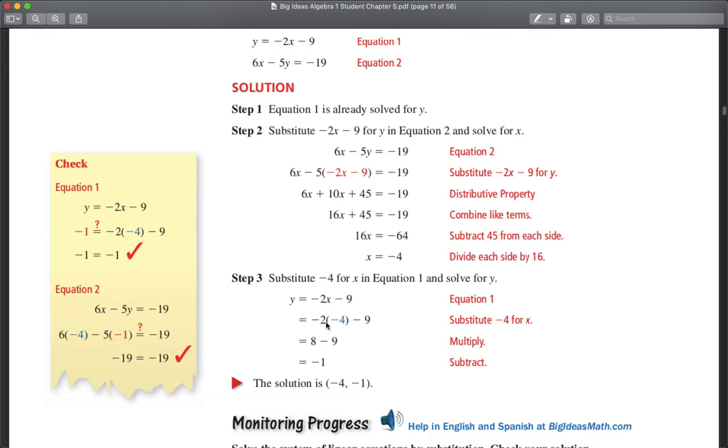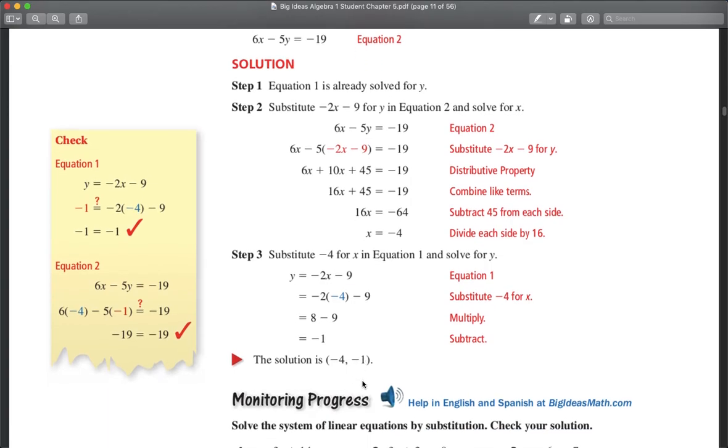Here this parentheses does imply multiplication: negative 2 times negative 4. Negative times negative equals a positive, so we get positive 8. 8 minus 9, we get negative 1. So y equals negative 1. Now we have our two variables, so our solution is negative 4 comma negative 1.